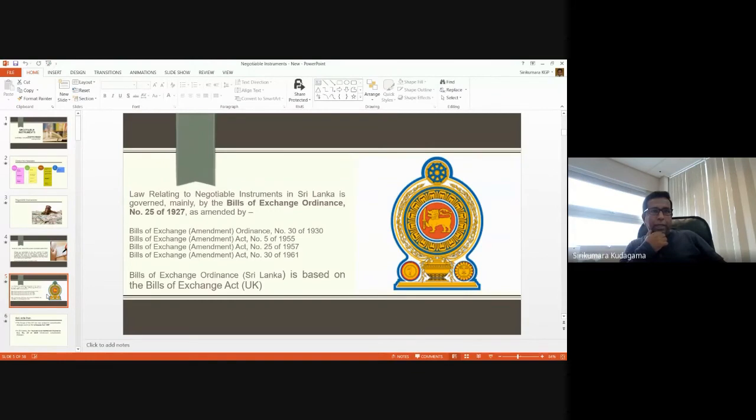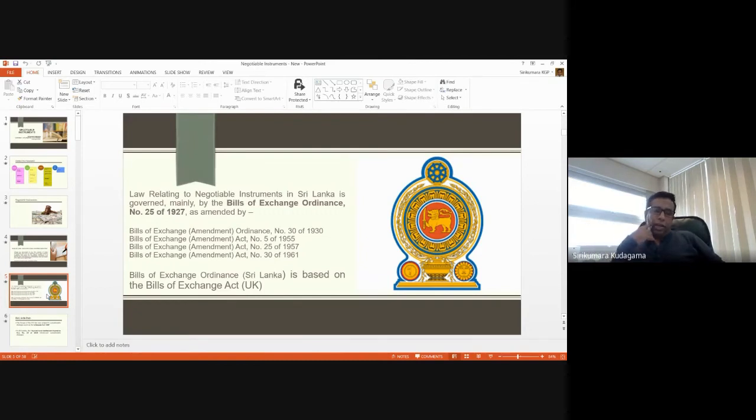But there are developments in ICT, information and communication technology, and payment and settlement systems related law, which, without amending the Bills of Exchange Ordinance, may have taken certain drastic turns, and therefore there may be certain differences.